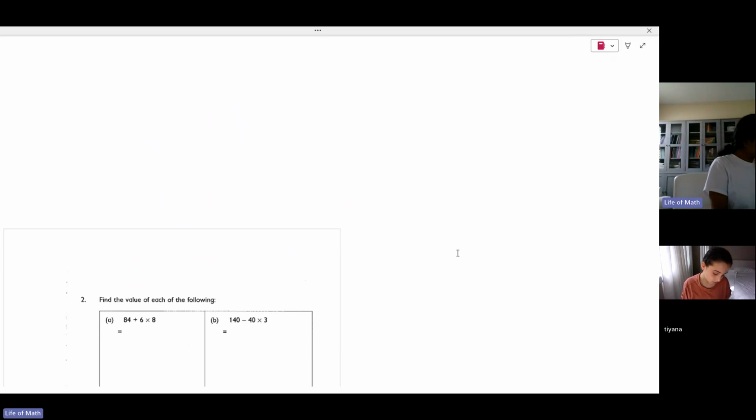Okay, page 18. 54 times 19 is... Hold on, you will have to do it with me, Tiana, because I'm going to teach you a concept here.